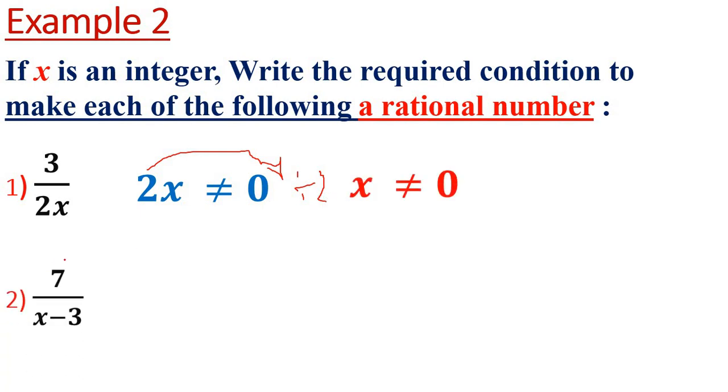Another example, if we have 7 over x minus 3, to be a rational number, we take the denominator and write not equal to 0, take 3 from here to here by the inverse sign, x will not equal 3.